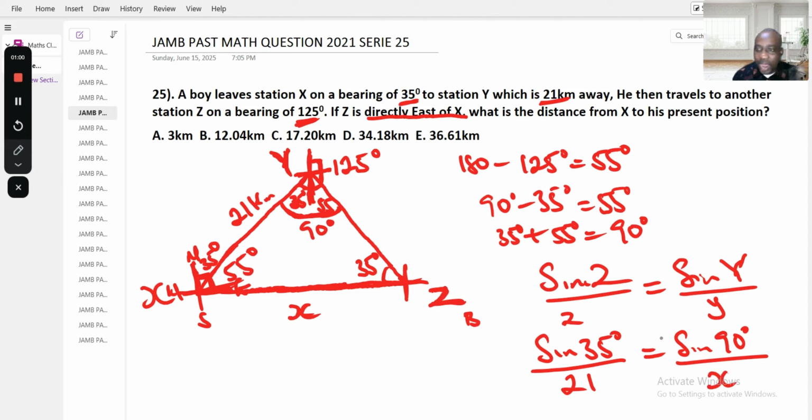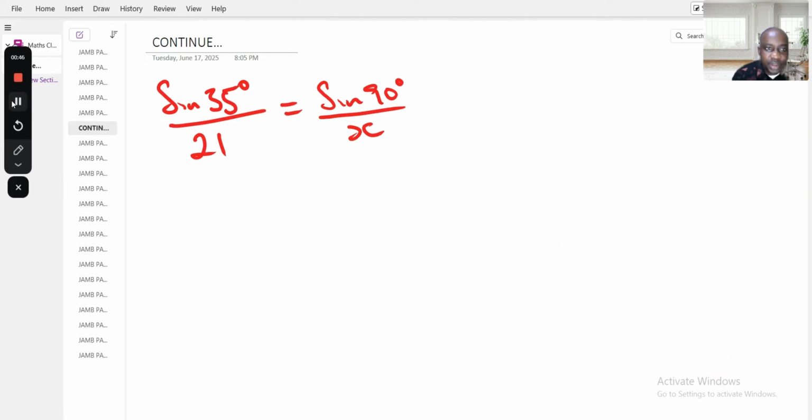Let me open another page because this space is occupied. I don't want to clean this page. Let's continue from this page. Let us cross multiply first.